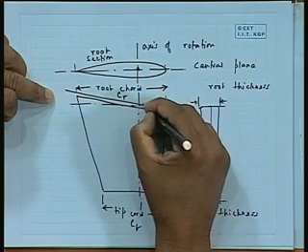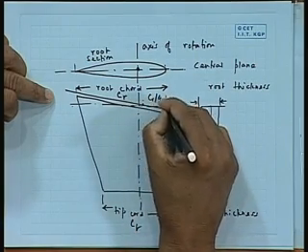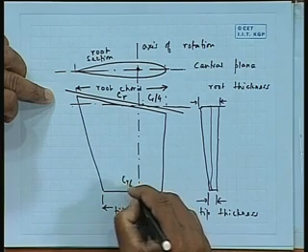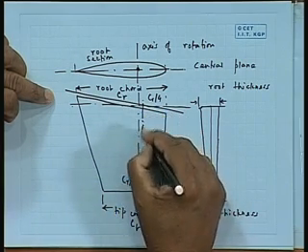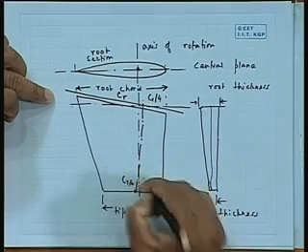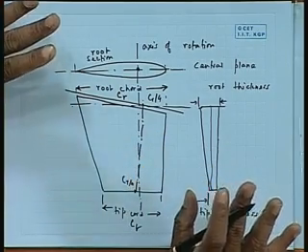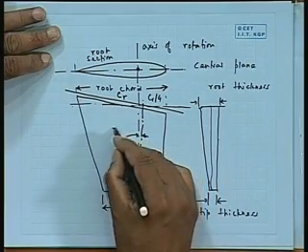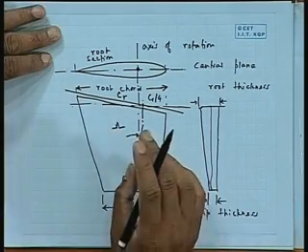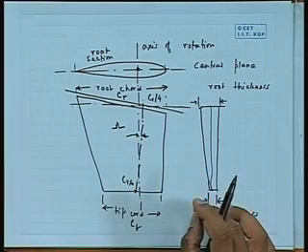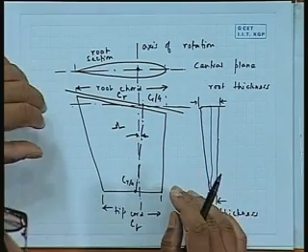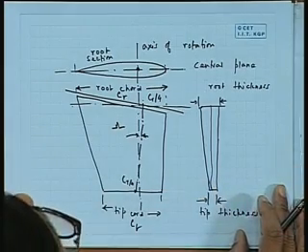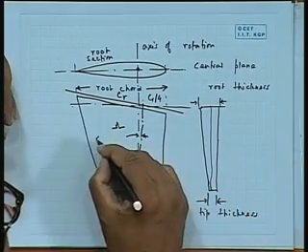So if you take a point here which is CR by 4 and a point here which is CT by 4, from the leading edge, and you join this line, this is known as a reference line, and this angle is known as the sweep angle.